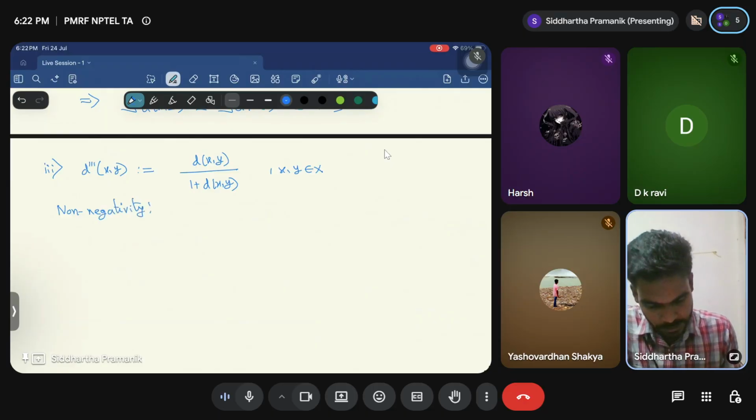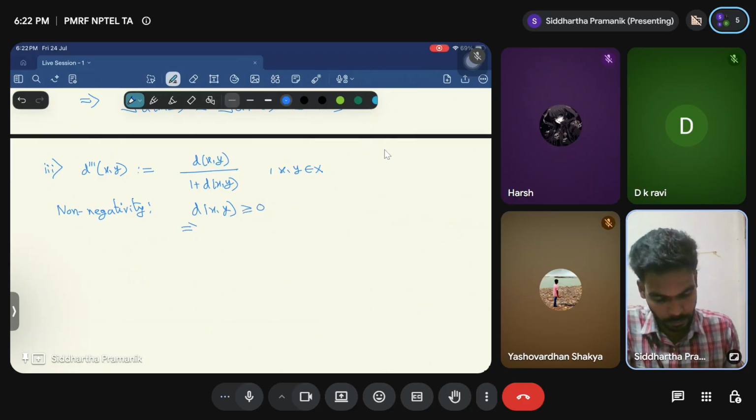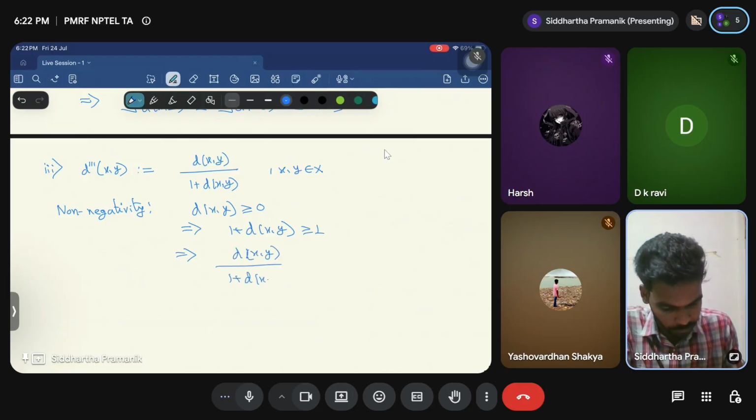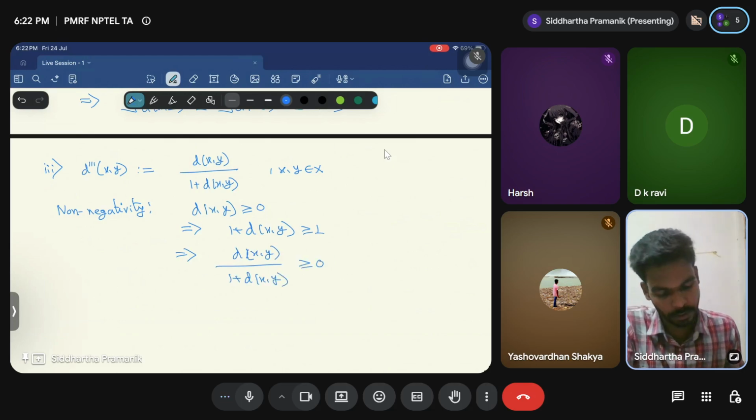This part is easy. So d of x, y is positive. So 1 plus d of x, y is bigger than or equal to 1. So d of x, y over 1 plus d of x, y is also clearly non-negative.